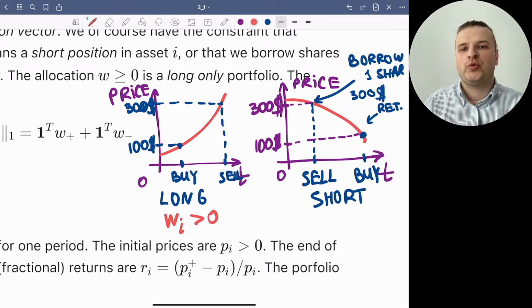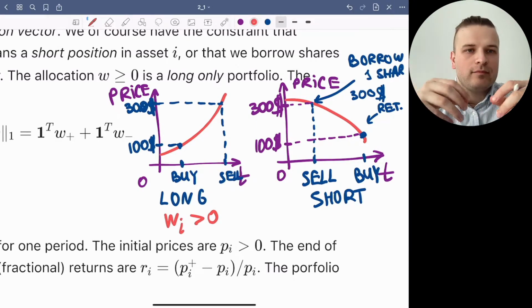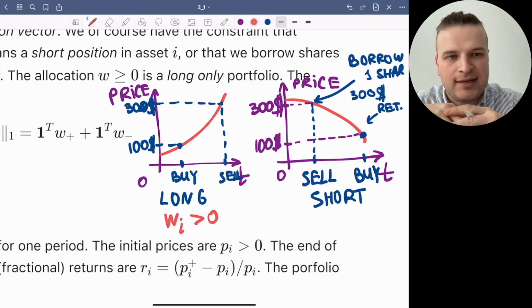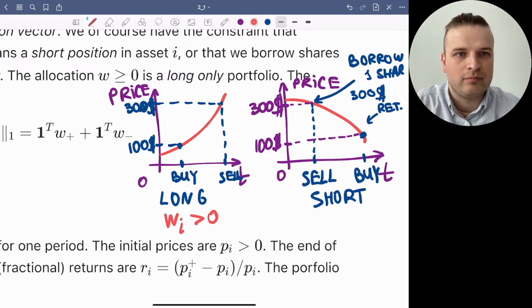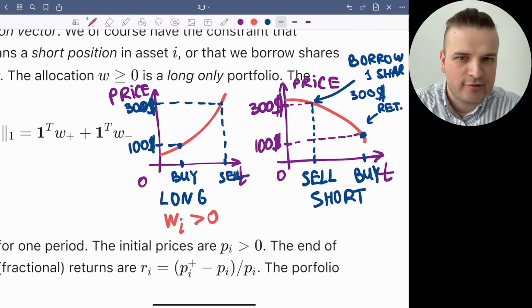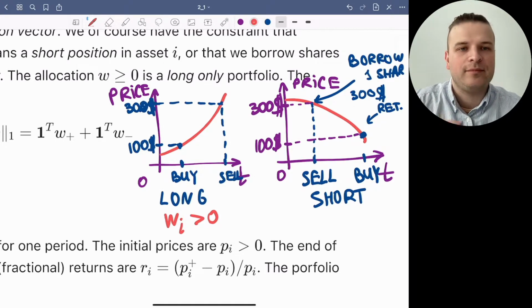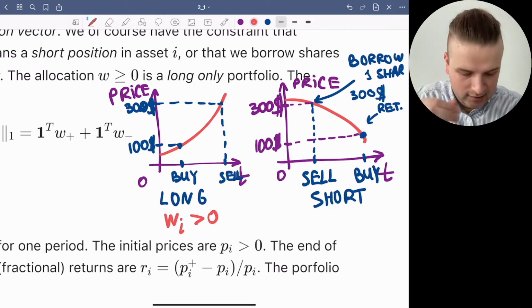That's why it's short. And it is easy to think of a long position as a positive one, because we own some share of a company, right? Some papers, some rights, and so on. So it doesn't matter for us. Some valuable asset.